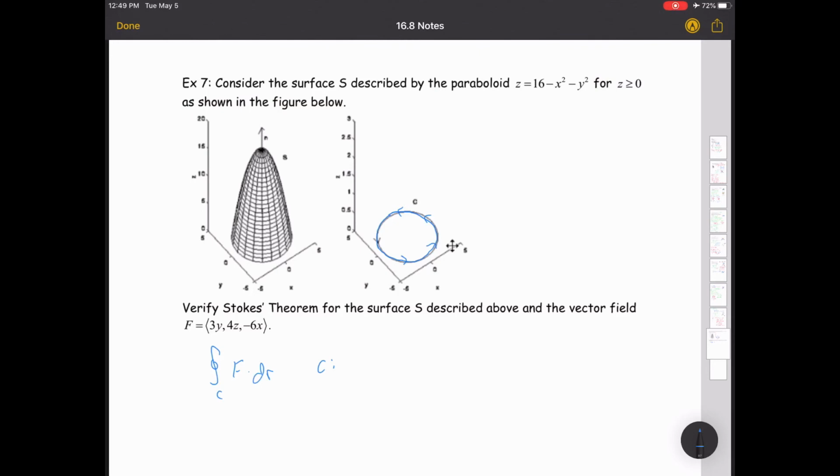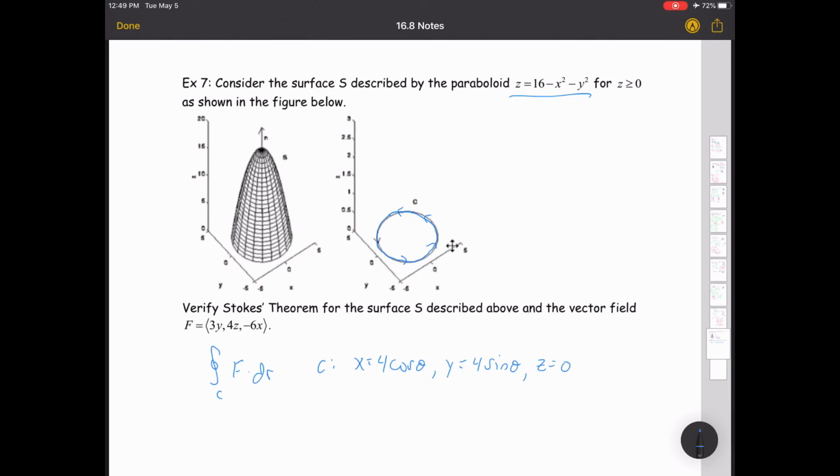That's because if z is 0, we go up right here, and we would see x squared plus y squared equals 16. So we would get that x is going to equal 4 cosine theta, and we're viewing it from above, so we know the direction is going to be correct if we just do our standard y equals 4 sine theta. And since this thing is sitting on the xy plane, z is 0.